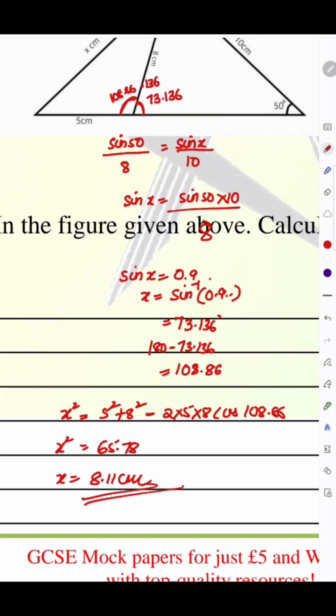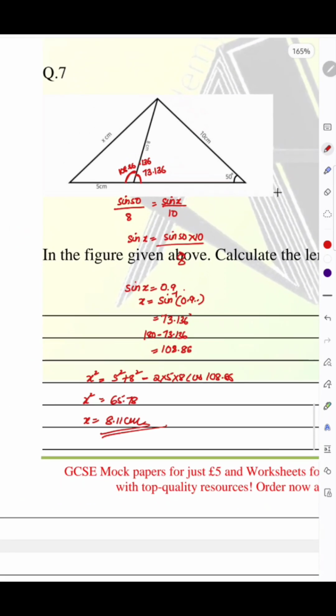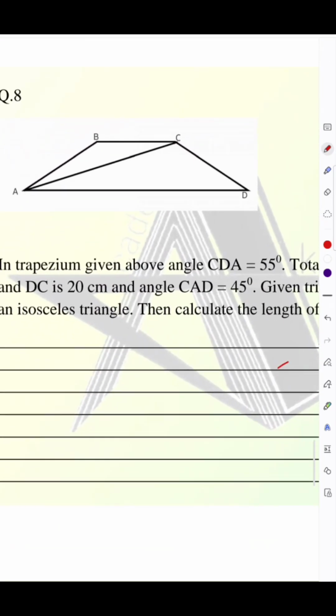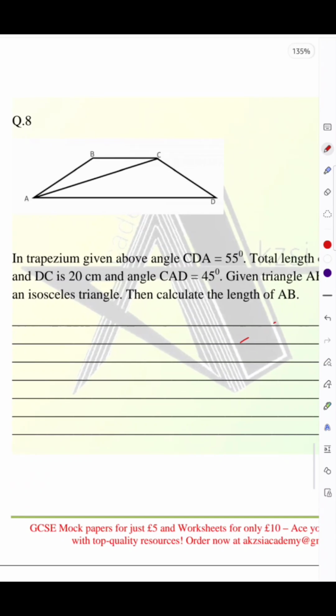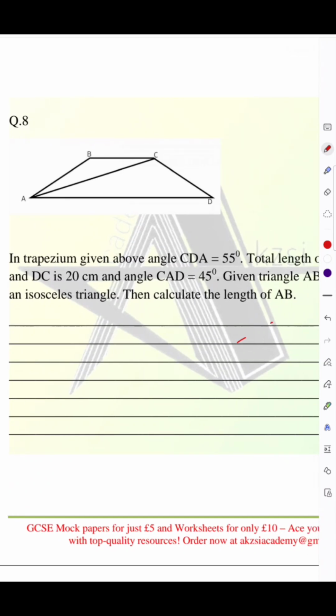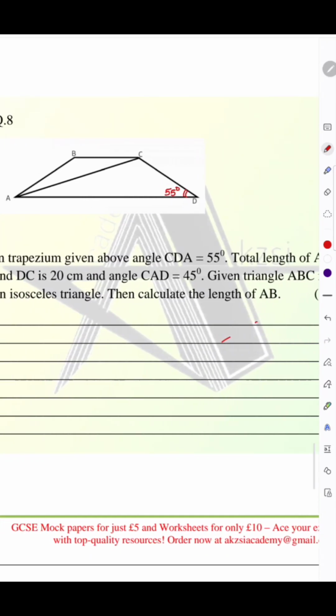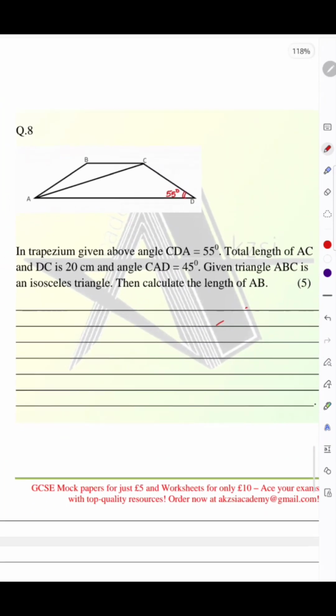So that's your answer. Moving on to the next question. In the trapezium given above, angle CDA, which is this angle, is 55 degrees. The total length of AC and DC is 20 centimeters.